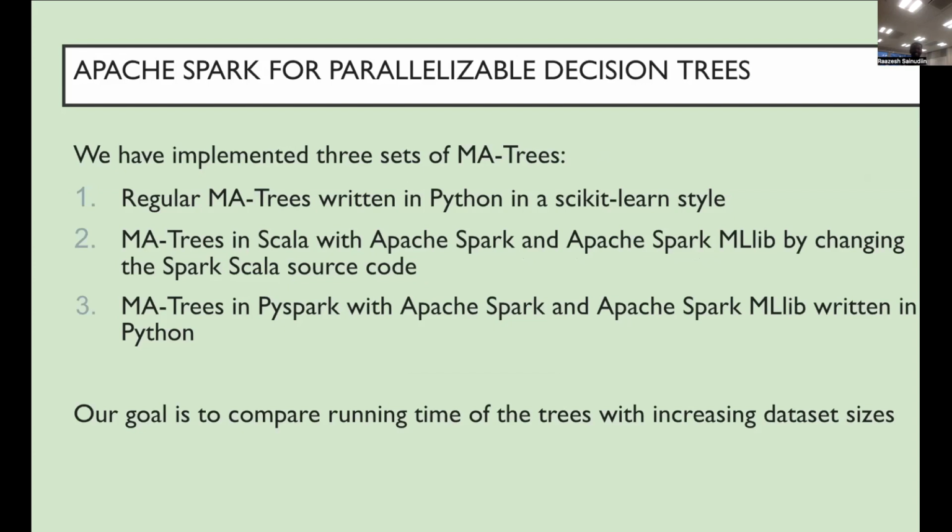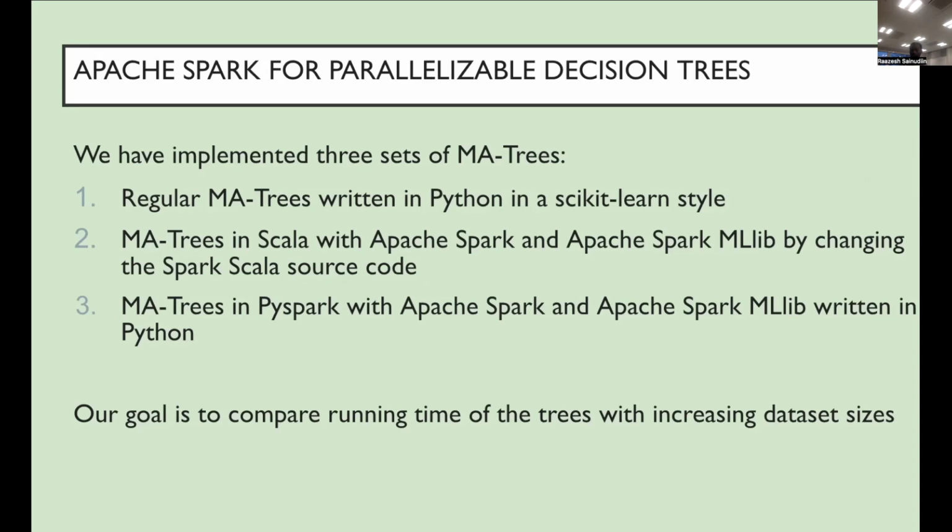In this project we compared 3 different types of implementations. The first one is the one that we already had, the Python-based implementation, but we also did an implementation in Scala.